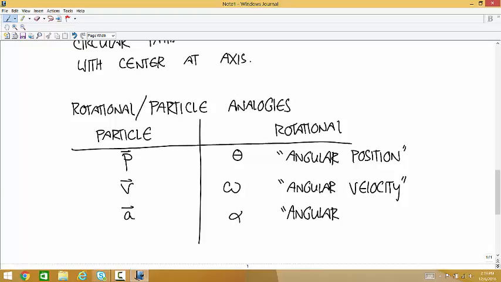And we're going to see when I start going through the definitions that the relationship between theta and omega is the same as the relationship between P and V. Same with omega and alpha, V and A. All these relationships are going to look really familiar. Okay, so those are all the quantities that make up kinematics.